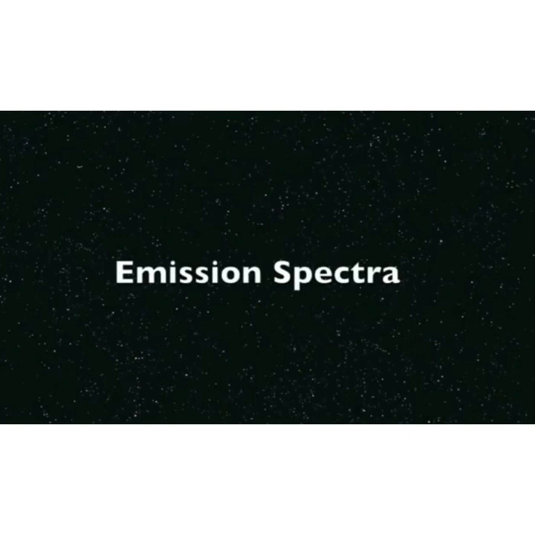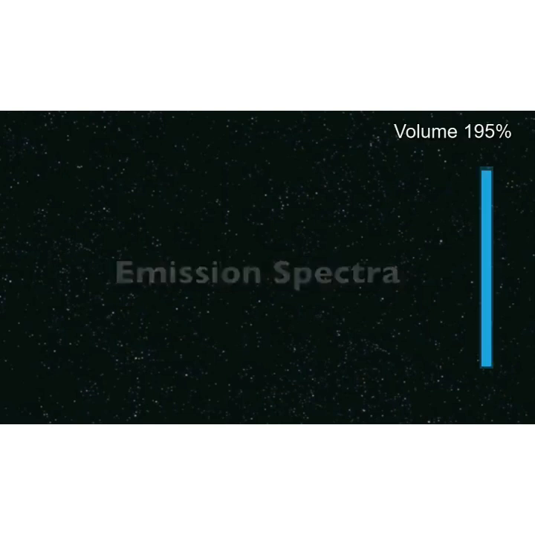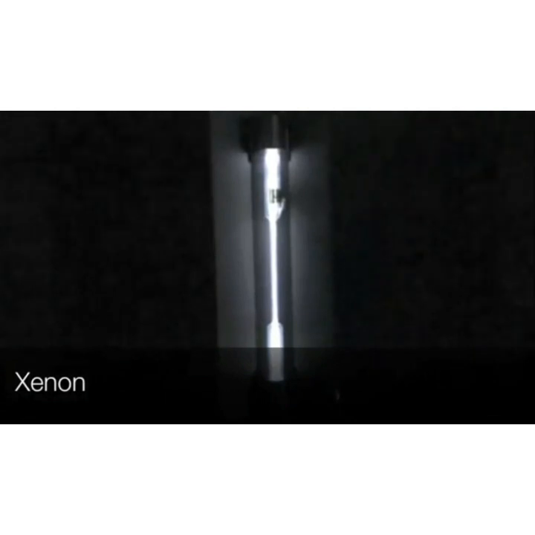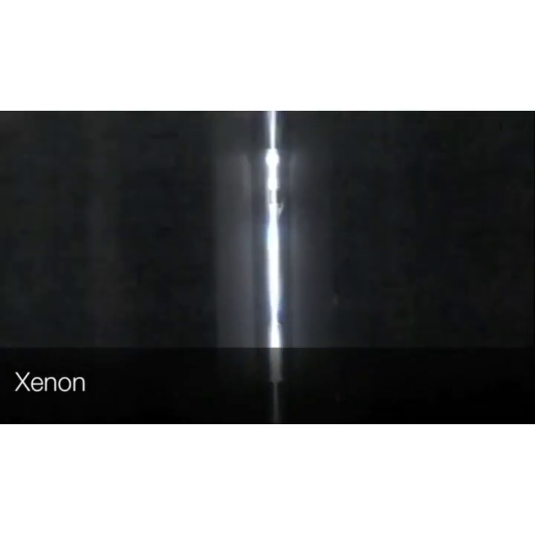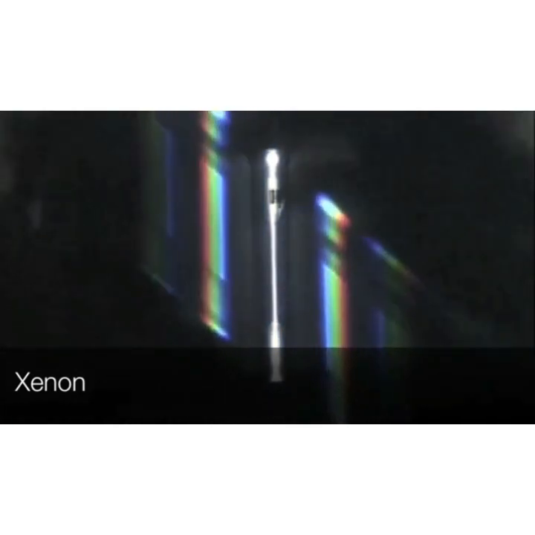In this video are vials of elemental vapors that have been excited by 20,000 volts of electricity. As the excited electrons fall back down to their lower energy levels, they give off light. As you can see in this xenon, a diffraction grating is used to split the light into its discrete lines in the emission spectrum.